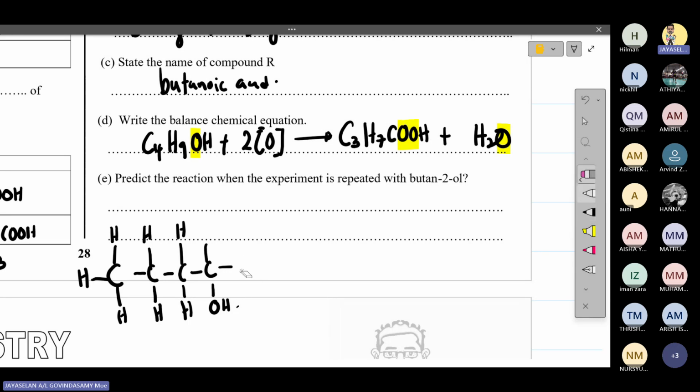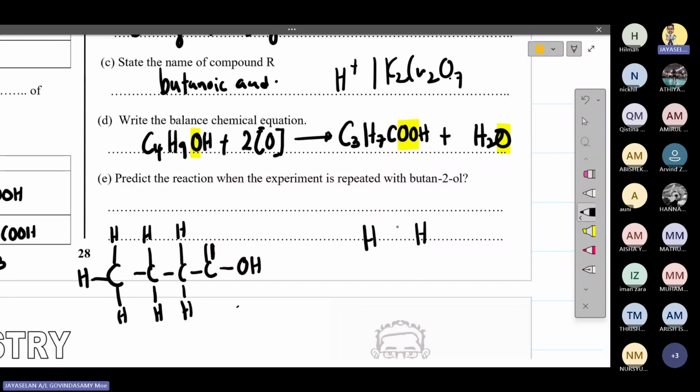This bond will go up, and this one will go to the side like this. That is the motion of bonding. The acidified oxidising agent gives 1 O after the 2H broke off, and one more O joins here, so it has already supplied 2 O. That's why you must balance 2. So you get the carboxylic acid.